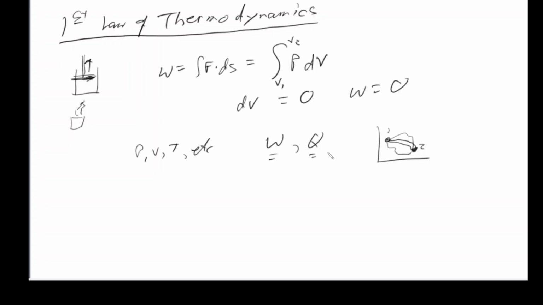However, the quantity of heat minus work does not depend on the path. Q minus W only depends on the initial and final states, not how it got there. So from 1 to 2, although work and heat may vary depending on path, Q minus W does not.